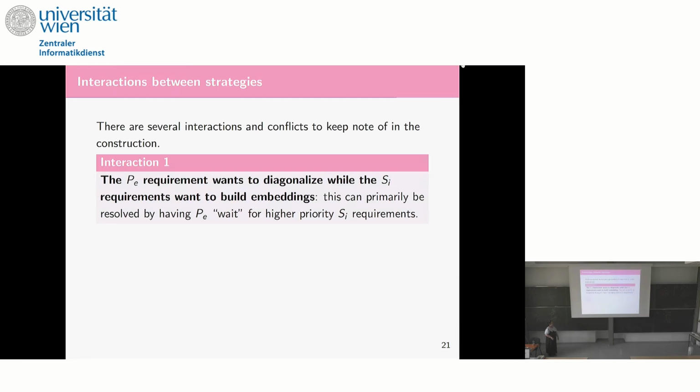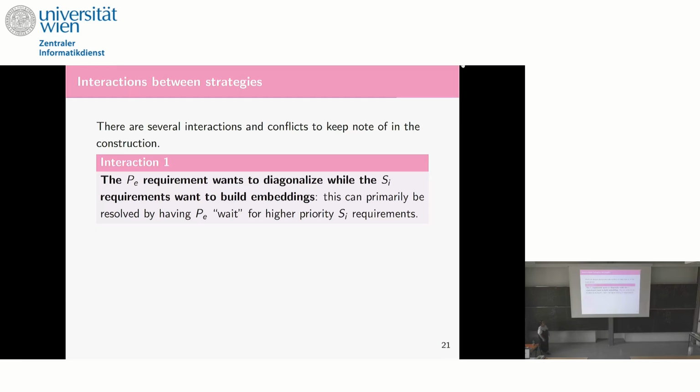The P requirement may pick some components, and maybe it'll wait a really long time until it actually has to diagonalize. While it's waiting, some S requirement catches up and says, oh, I have to match these components up, so they do it in this way. But then later the P requirement says, oh, actually, I want to diagonalize on these components, so I have to add these loops.